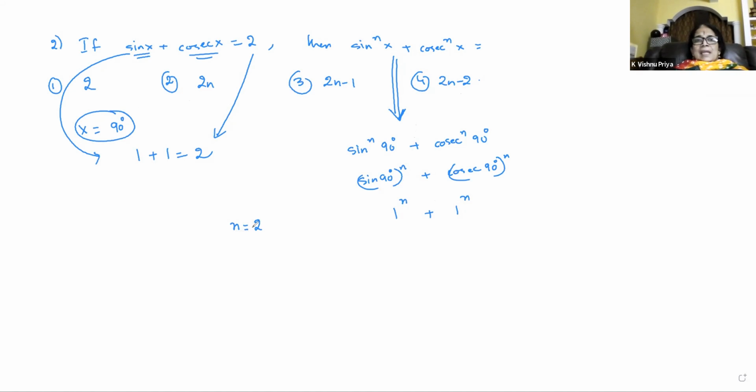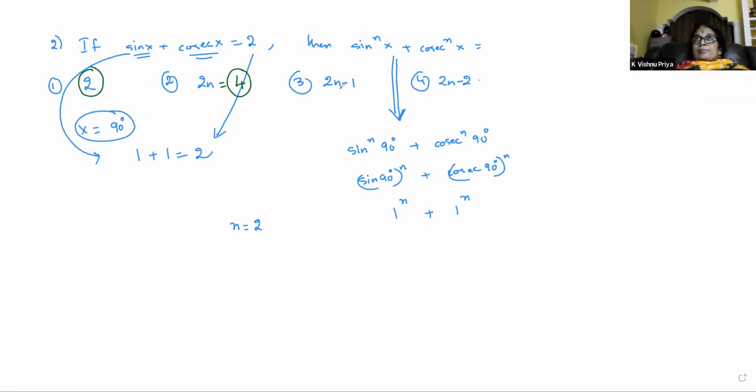I'm selecting n as 2. Why am I selecting n as 2? For that also there is a logic. If I select n as 2, the first option will be 2 only. The second option will become 4.